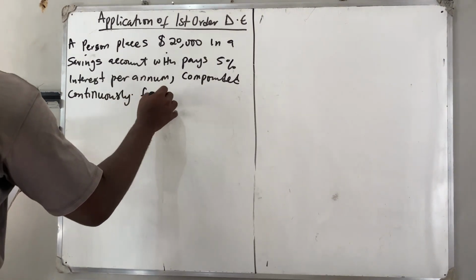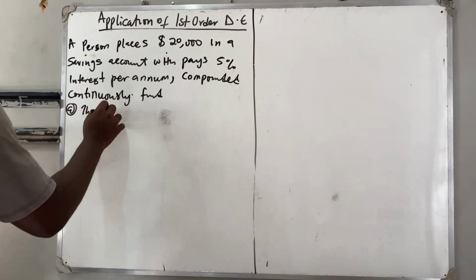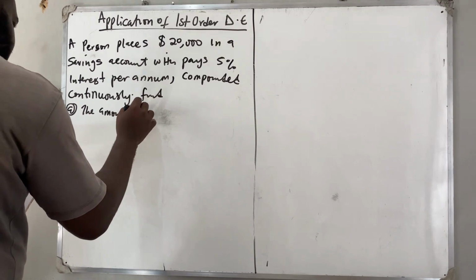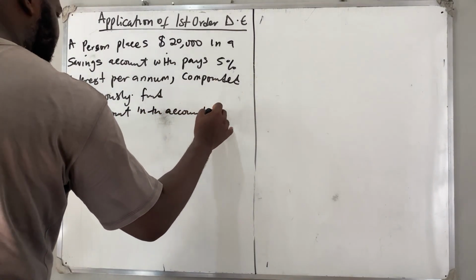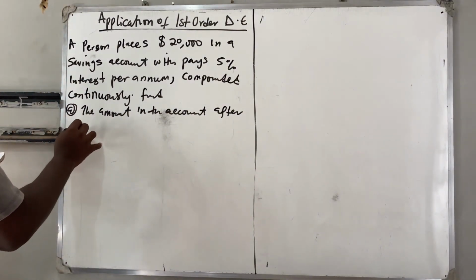Then they say find, question A, the amount in the account after 3 years.